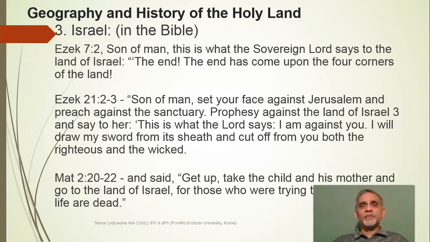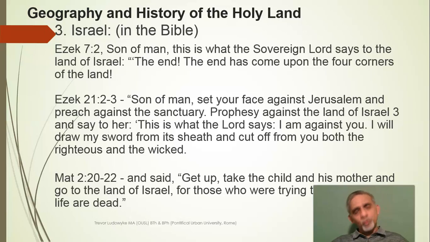Ezekiel chapter 21 verse 2 to 3. Again, Son of man, set your face against Jerusalem and preach against the sanctuary. Prophesy against the land of Israel and say to her, this is what the Lord says, and so on. So, referring to the Holy Land as Israel.